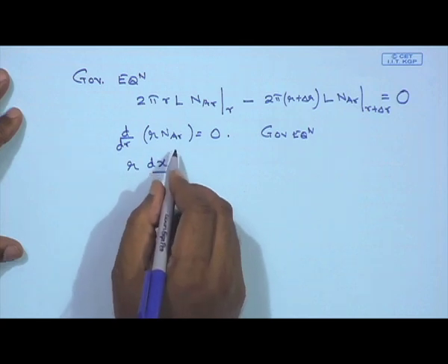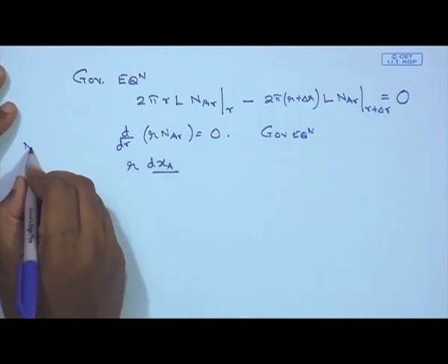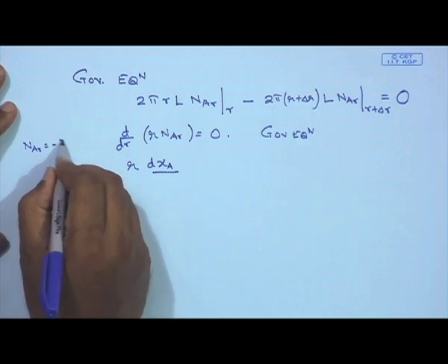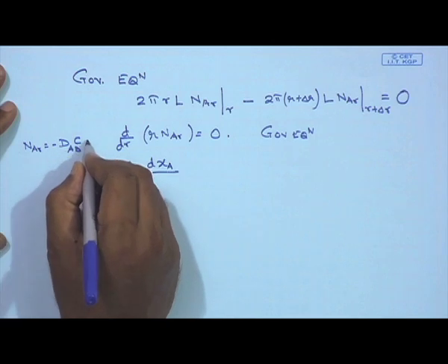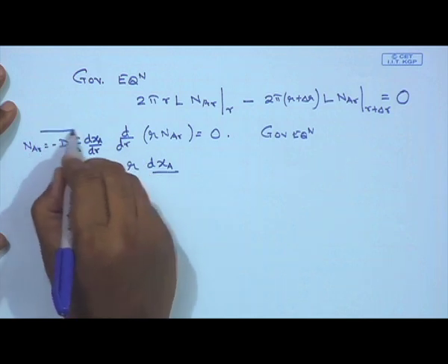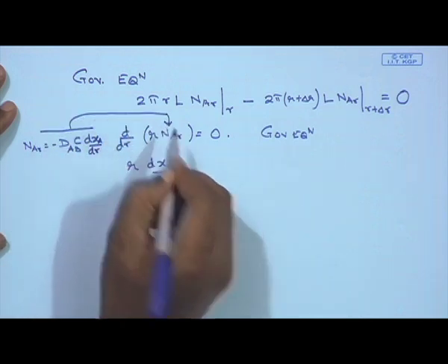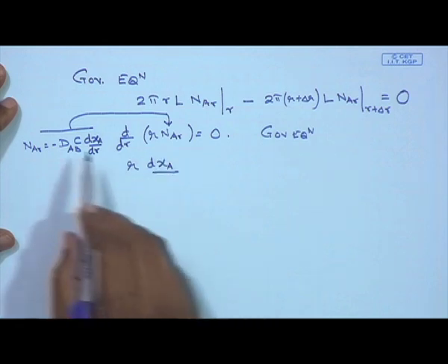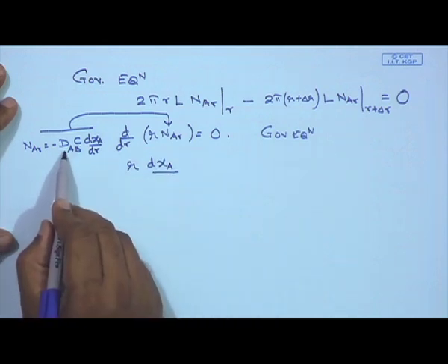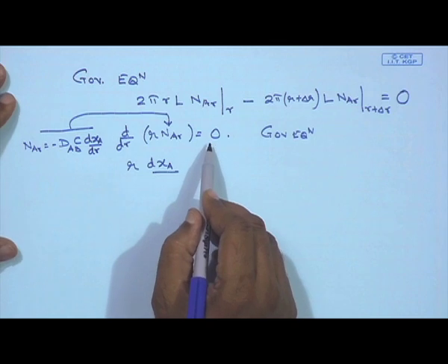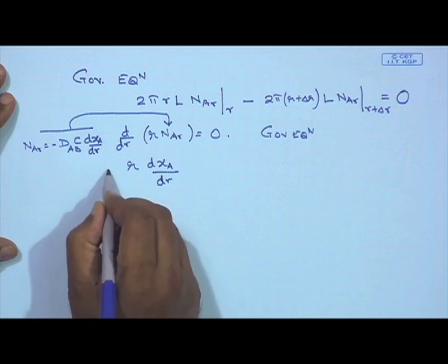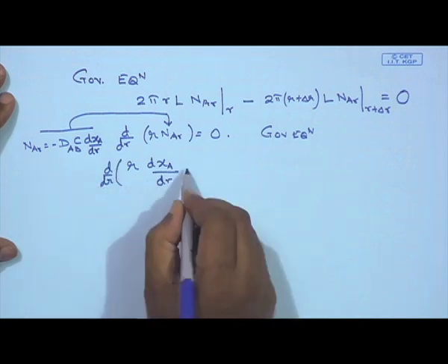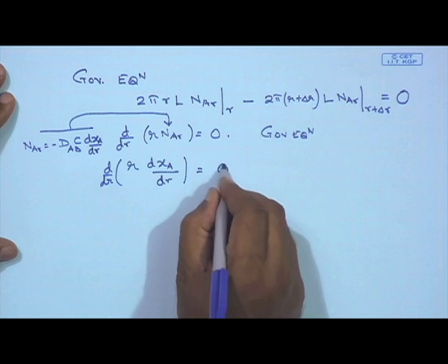Since it is a diffusion only process, you can simply write N_Ar equals minus D_AB times C, which is the total concentration, times dx_A by dr. So, you plug this in here, and since C and D_AB are constant, we can cancel them, and what we have then is d/dr of r times dx_A/dr at steady state equal to 0.